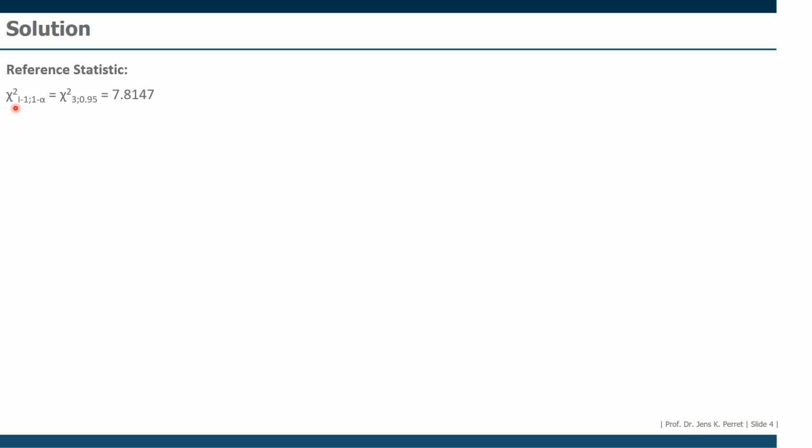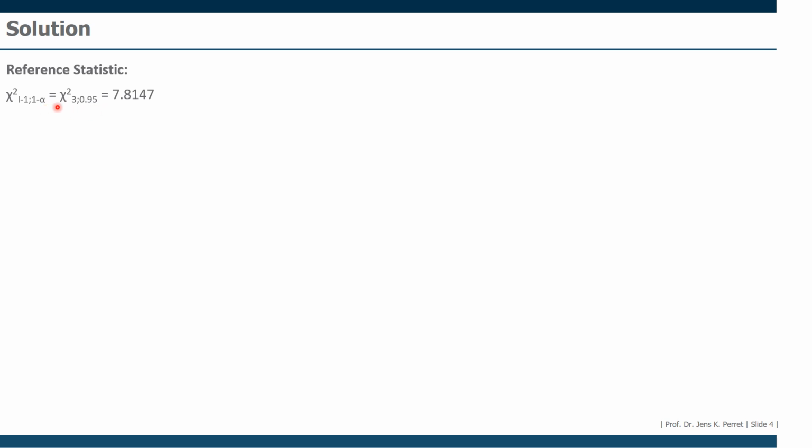Here I have 4 different categories, the 4 different rating outcomes. So I have 4 minus 1, giving me the 3 here. Then I have 1 minus alpha. Alpha, that's my margin of error. In the exercise text it said alpha, the margin of error should be 5%. So I'm calculating 1 minus 0.05, giving me 0.95.